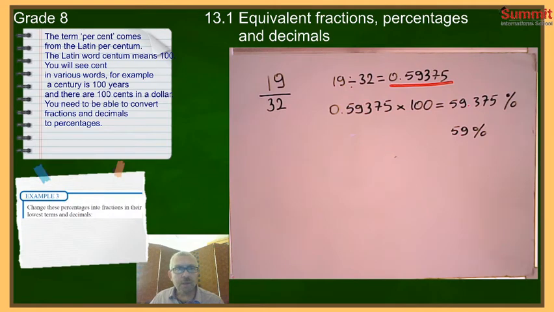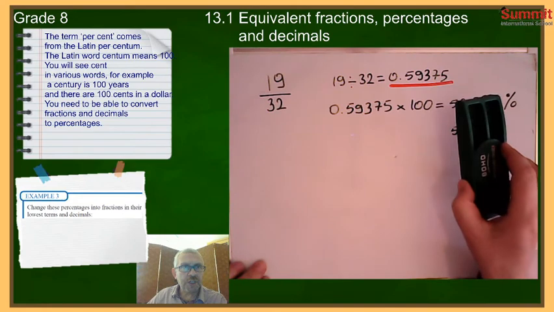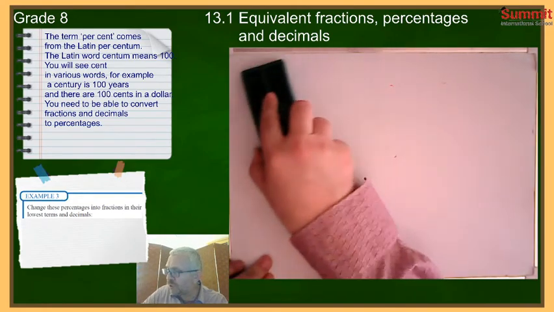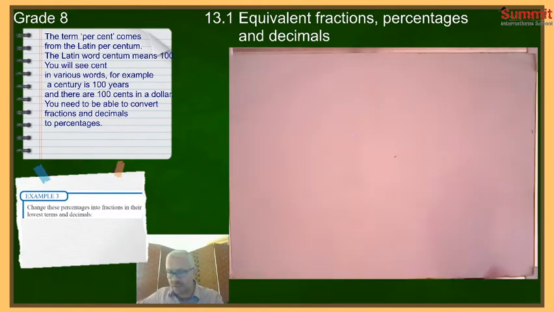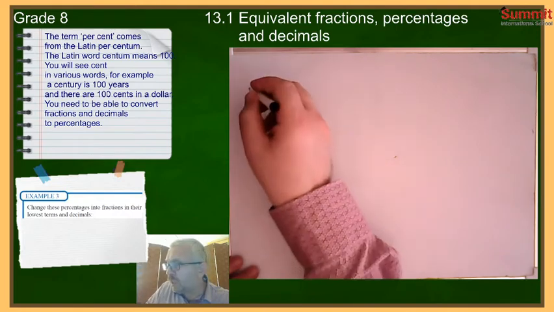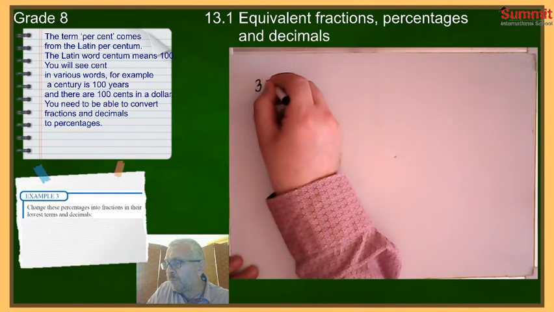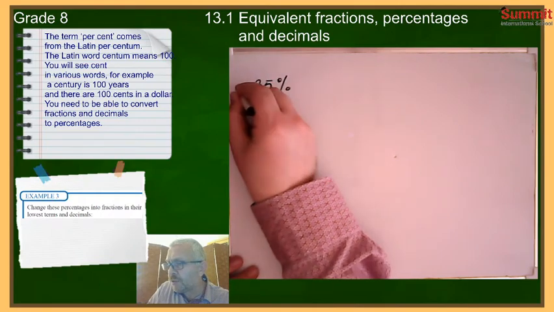Our next example is: change these percentages into fractions in their lowest terms and decimals. We have percentages, and we need to change them to fractions and to decimals. Now let's go on. We have 35%. This is A.